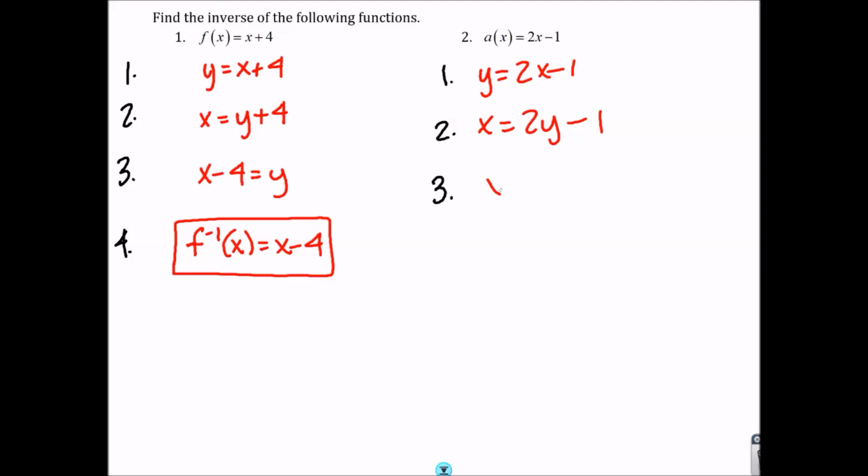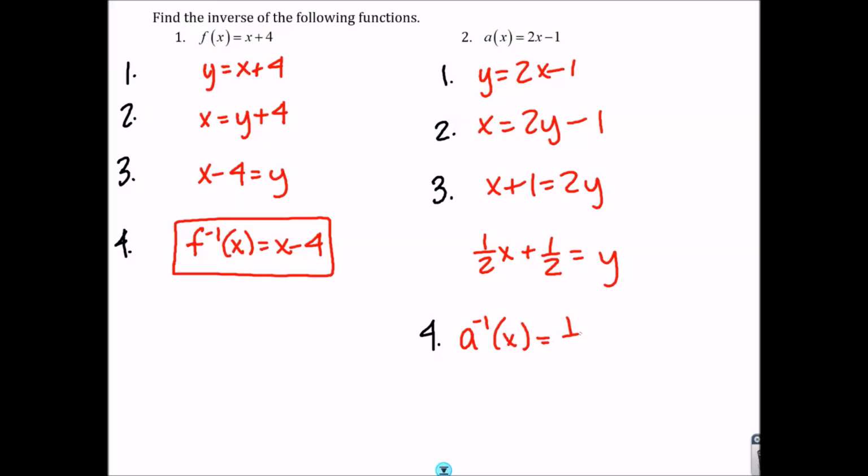So first I'm going to add 1 to both sides. Then I'm going to divide both sides by 2. I'm going to end up with 1/2 x plus 1/2. And then my last step is to change the notation. Since this started out as a of x, I'm going to write my final answer as inverse of a of x equals 1/2 x plus 1/2.